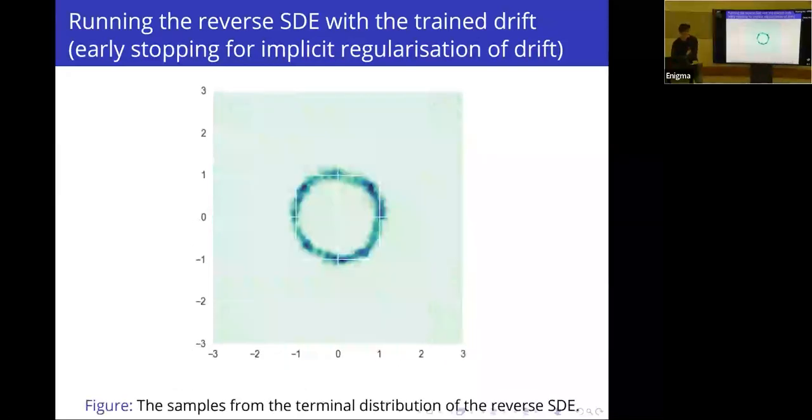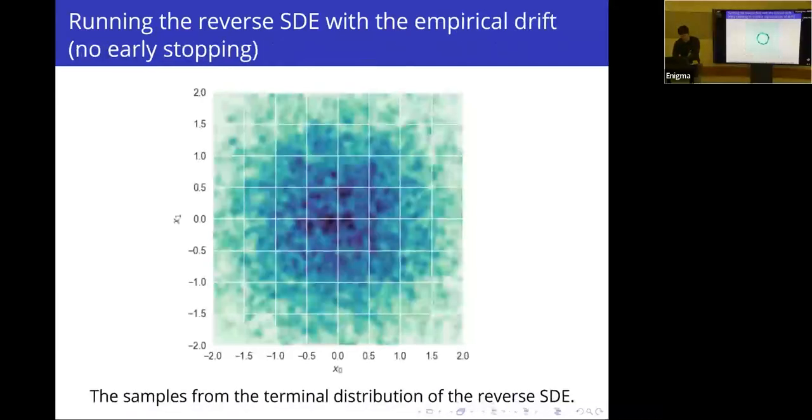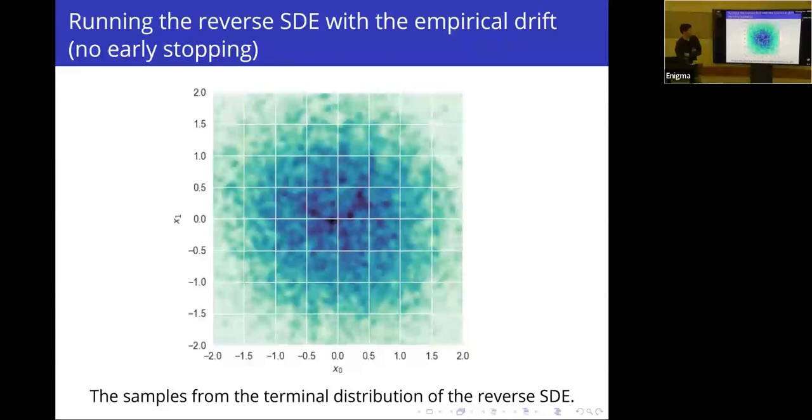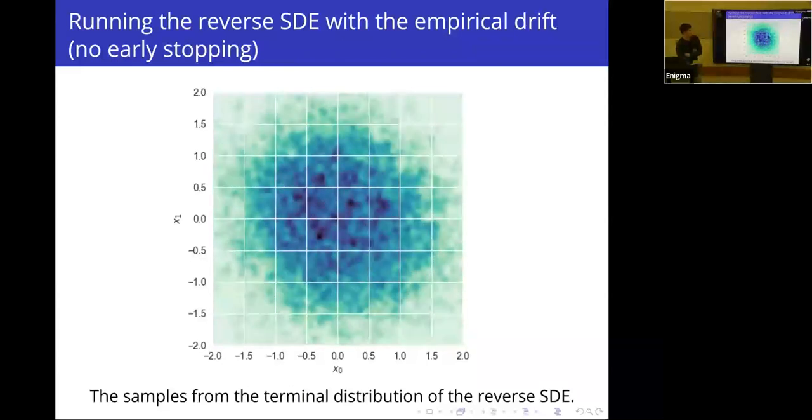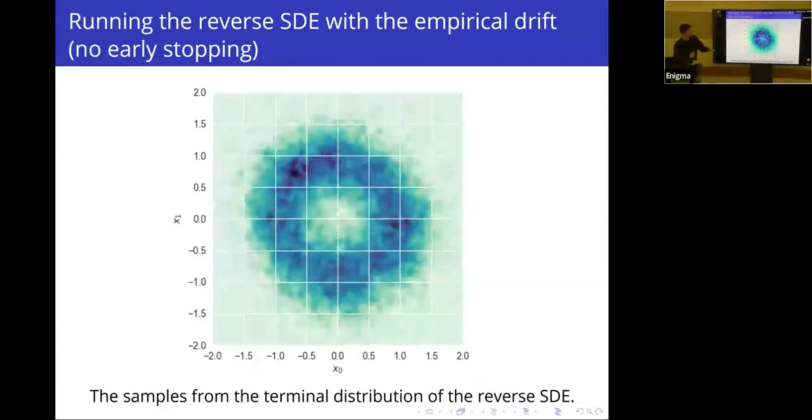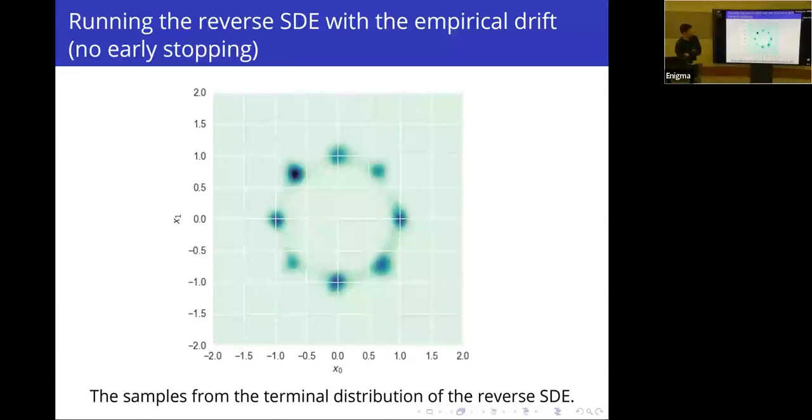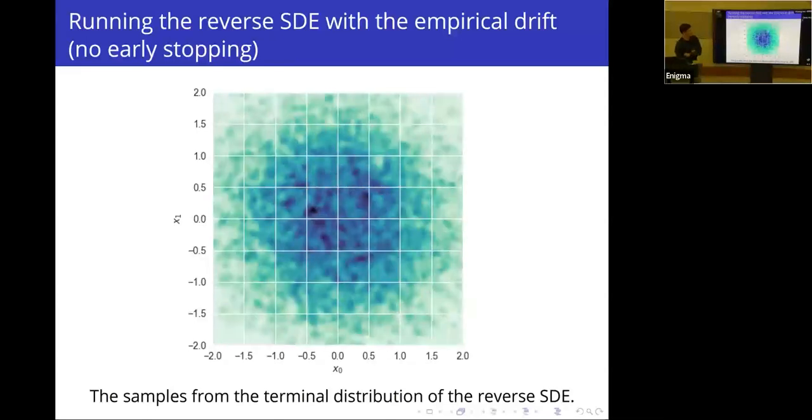And so it would be quite interesting to know why stopping the training of stochastic gradient descent over the network weights earlier would produce a score that, as time tends to 0, looks like it's pointing towards something that interpolates between the data in a smooth way. And if you keep training, why this score would tend to get better at a slower rate to point towards the exact data. So that's what happens if you don't have early stopping.